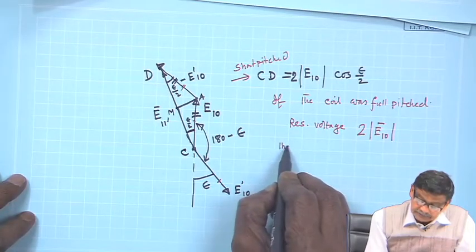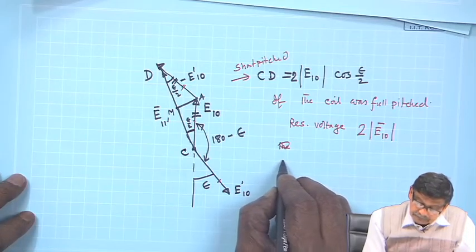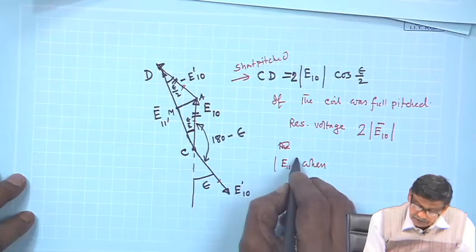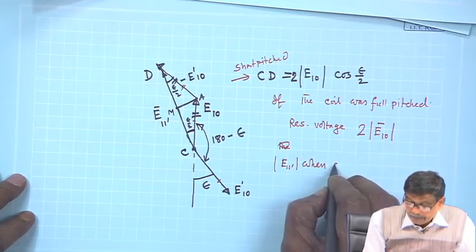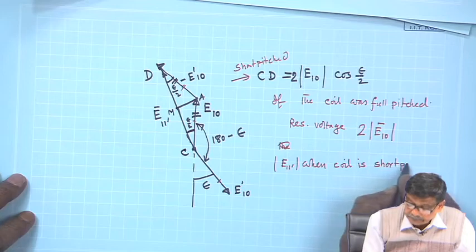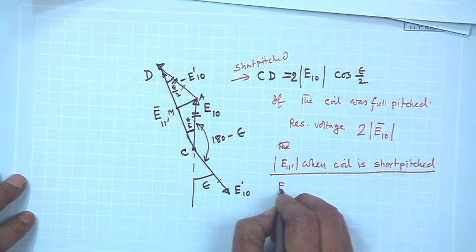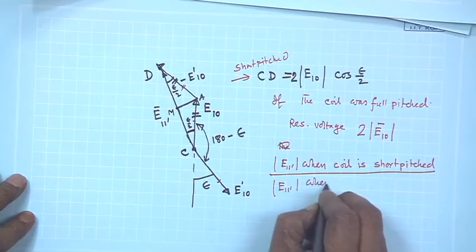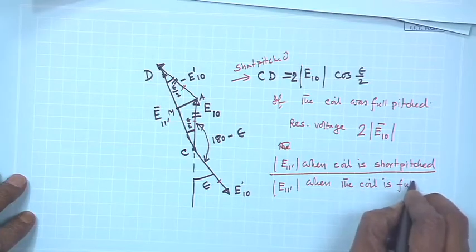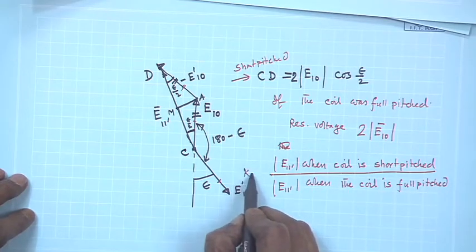Therefore, the factor, the ratio of the magnitude of E1 dashed when the coil is short pitched, divided by E1 dashed when the coil is full pitched, is called and denoted by Kp.